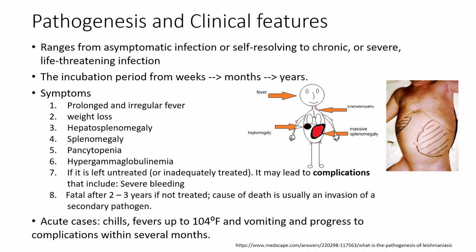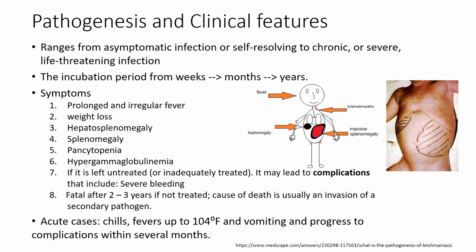Parasitized macrophages disseminate the infection to all parts of the body, but more so to the spleen, liver, and bone marrow. The parasite then multiplies in the spleen, liver, and lymphocytes, leading to hepatomegaly, lymphadenopathy, and pancytopenia. A combination of deficient clotting factors and thrombocytopenia may lead to severe bleeding.